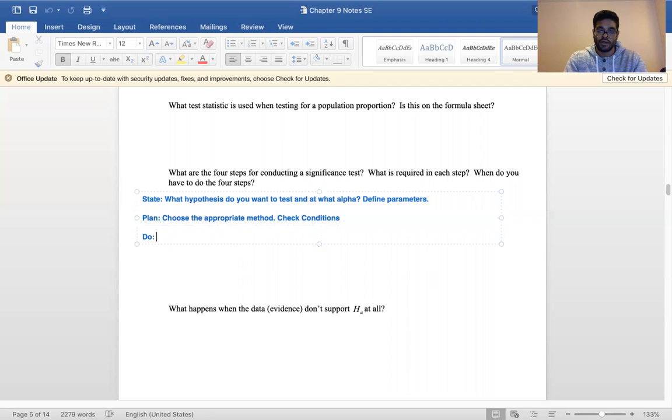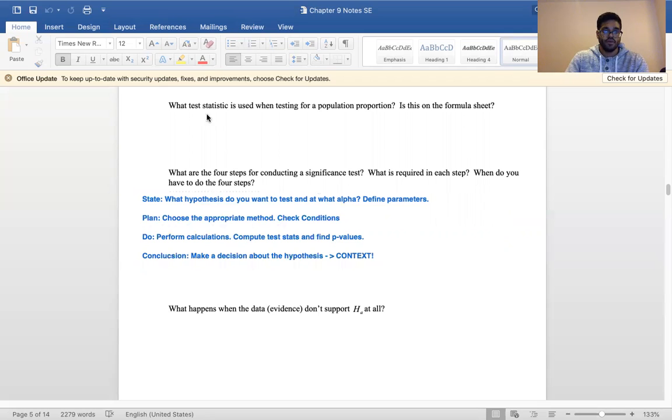You do is perform calculations. You're going to compute test stats and find p-values. And then your conclusion is to make a decision about the hypothesis. And again, context is the key.